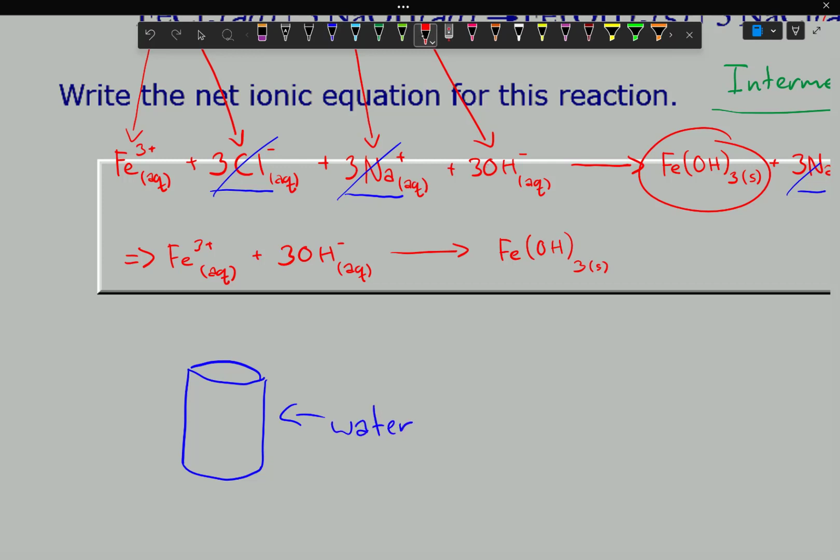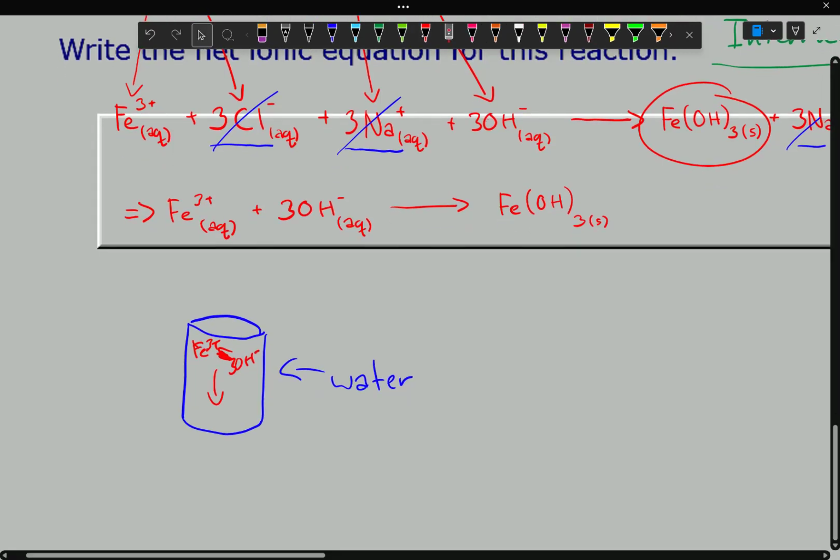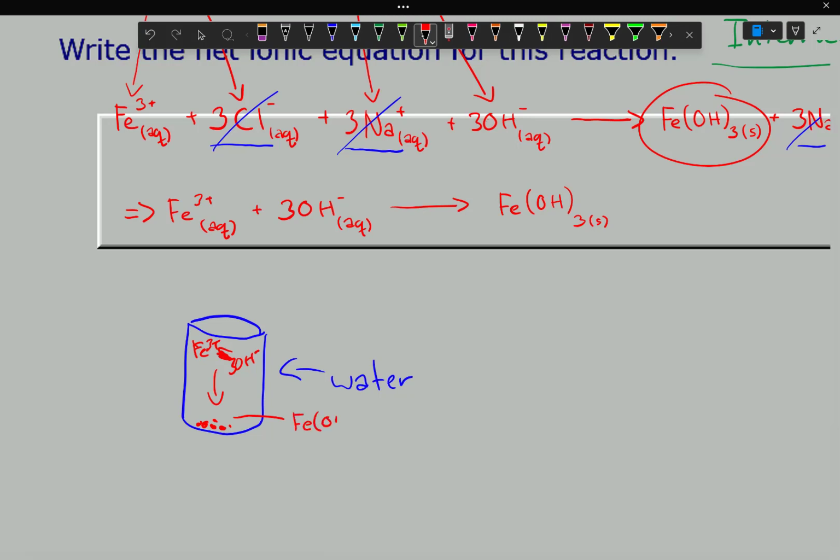We're going to have Fe3+ floating around and 3OH- floating around, and those are going to combine together and form the precipitate, which will be solid, of Fe(OH)3. So these are combining together in the water and forming that solid.